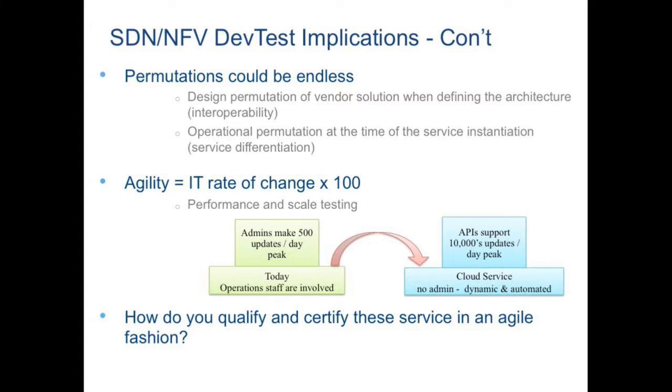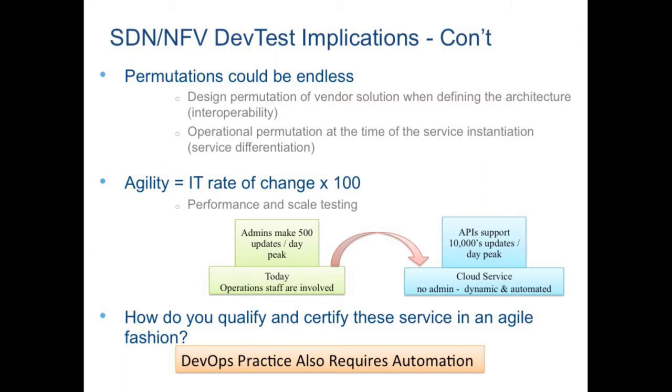So the question is, how do you qualify and certify those services in an agile fashion? Well, bottom line is DevOps practice requires automation, right? And that automation can be achieved through two main vectors. The first one is dynamic sandboxing, and the second one is continuous network certification and integration.